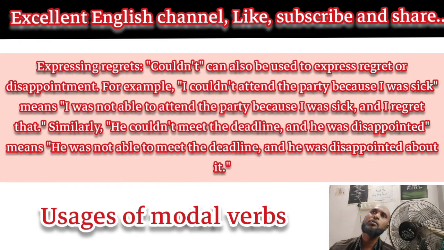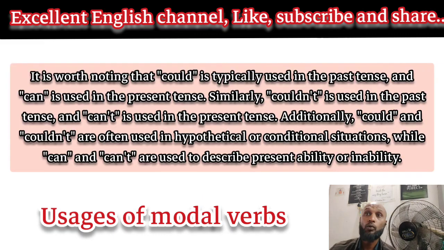Similarly, he couldn't meet the deadline and was disappointed means he was not able to meet the deadline and he was disappointed about it. It is worth noting that could is typically used in the past tense and can is used in the present tense. Similarly, couldn't is used in the past tense and can't is used in the present tense.